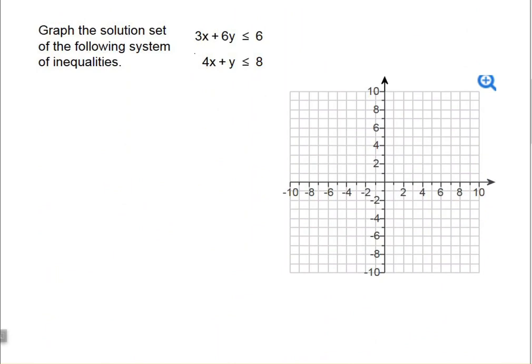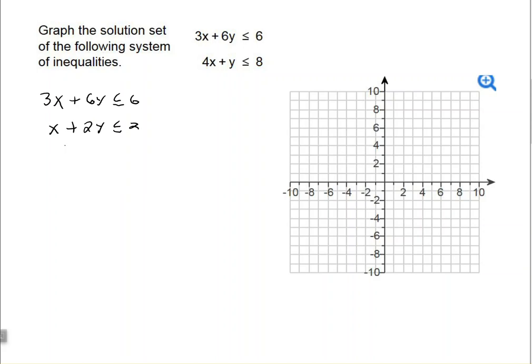All right, so to graph 3x plus 6y is less than or equal to 6, you can do that one of two ways. Let's go ahead and just solve for y and use the slope-intercept form. I see that I can divide everything by 3 on both sides evenly, so let's divide both sides of the equation by 3.